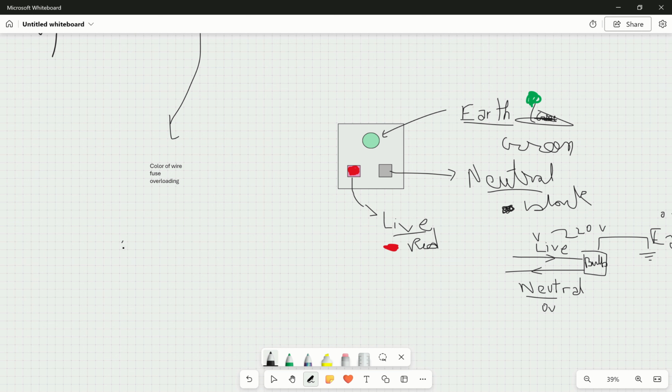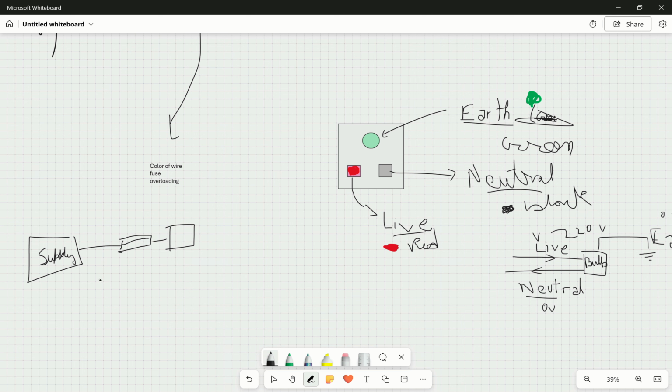Fuse is a device. We can define fuse as a device which is made up of very thin wire. And what is the purpose of fuse? It prevents us from short circuit. How does it do that? Imagine there's a fuse between your house and the supply.